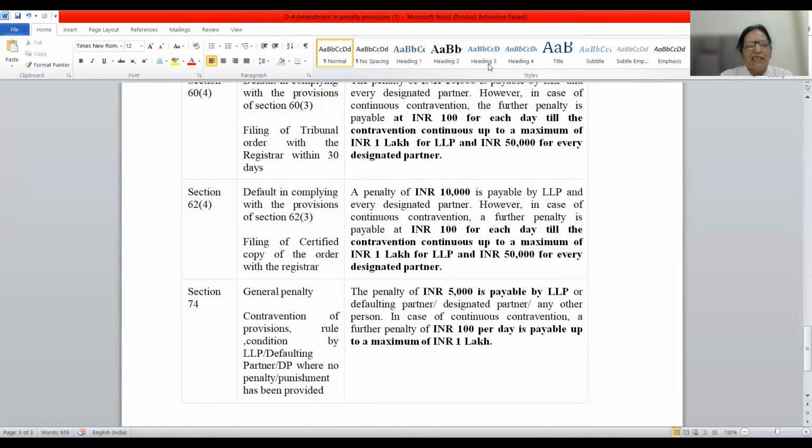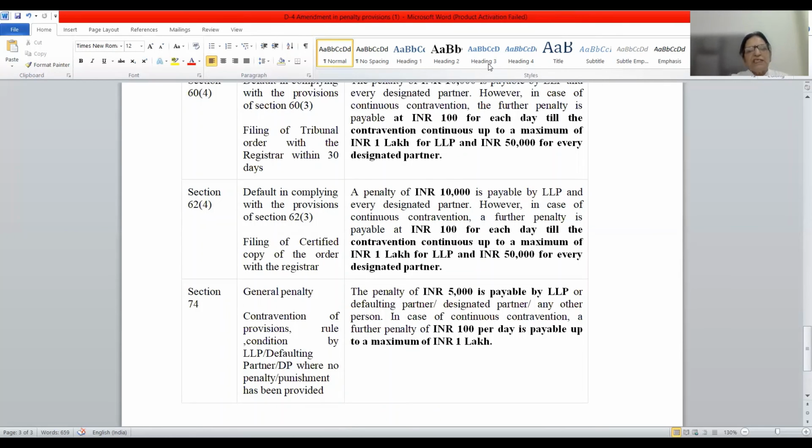And now the last is penalty, which is contained under section 74. This is a general penalty. Contravention of provisions, rules, conditions by the LLP, defaulting partner or designated partner, where no penalty or punishment has been provided.